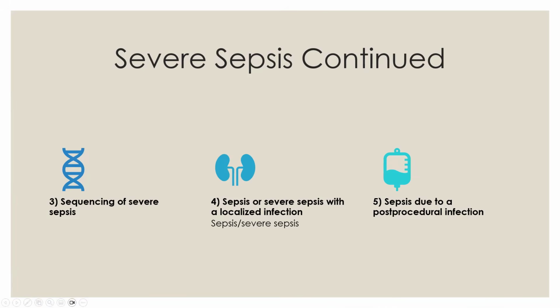You can also assign an additional code for the sepsis following the procedure, including T81.44 and O86.04. If the patient has severe sepsis, you can code the R65.2 as an additional diagnosis.